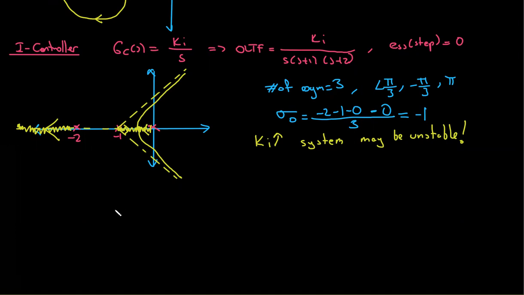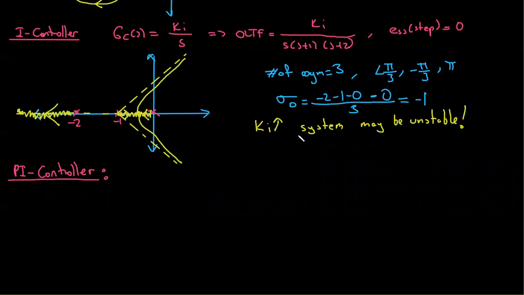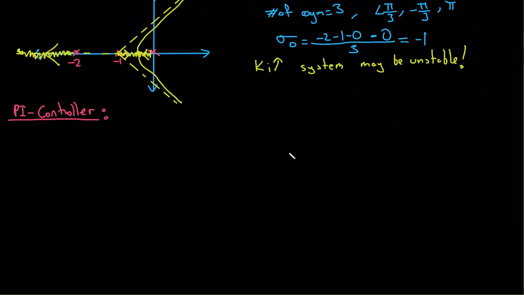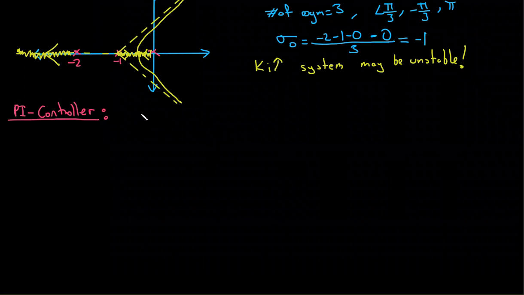Okay, so let me write down here PI controller. And lastly, we will also say the PID controller, but let's continue with the PI controller. The controller transfer function will be simply equal to K plus Ki over S for the PI controller, right?